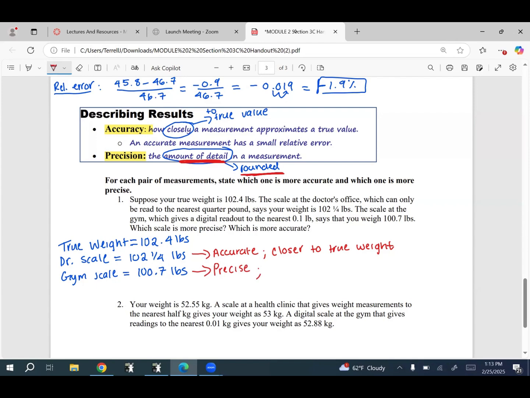And the reason why is because the gym scale and true weight are both rounded to the tenth place. That is why the gym scale is more precise. You're just simply looking at the rounding.